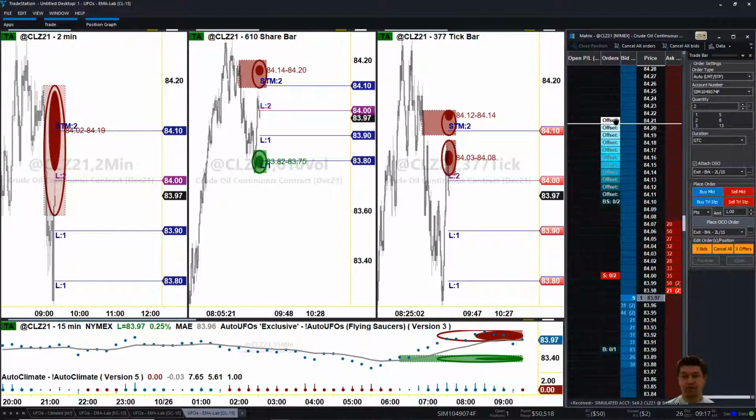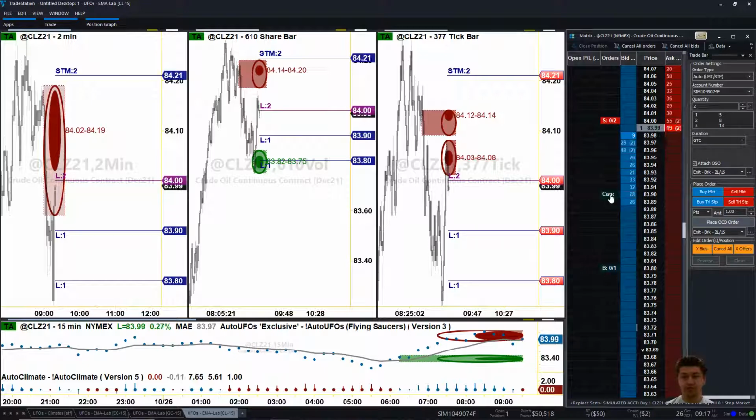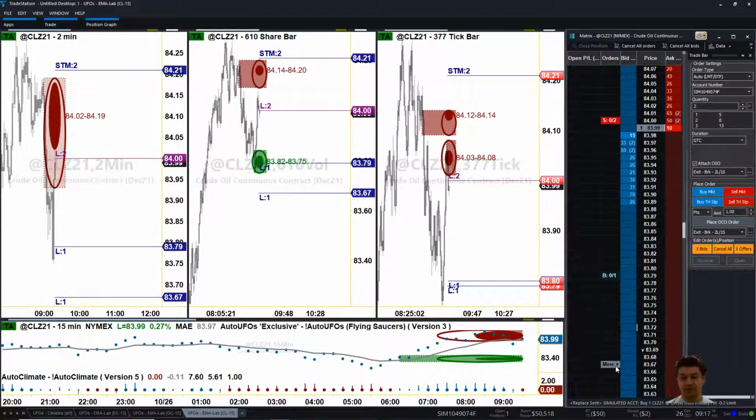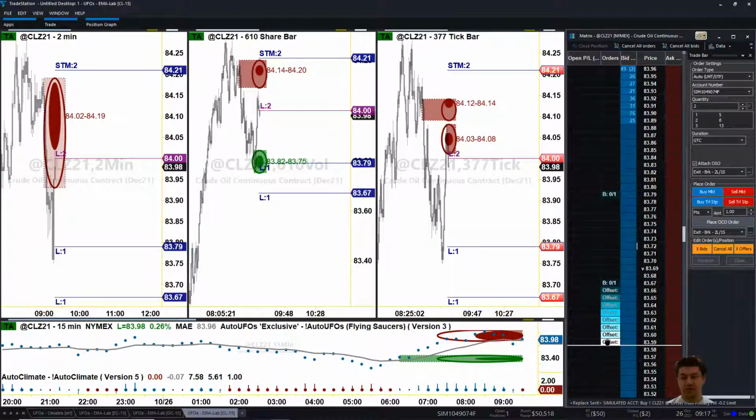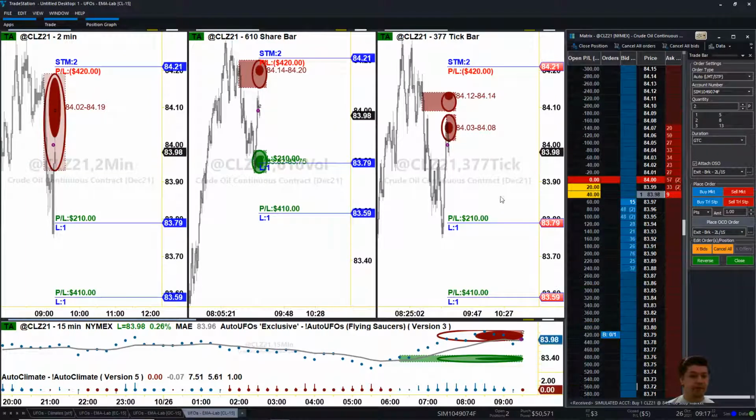So this would go at 21, and this would go down to 79. And then let's see how far down we need to go on this. There we go. We technically just got a better fill on the trade that we would have taken regardless.